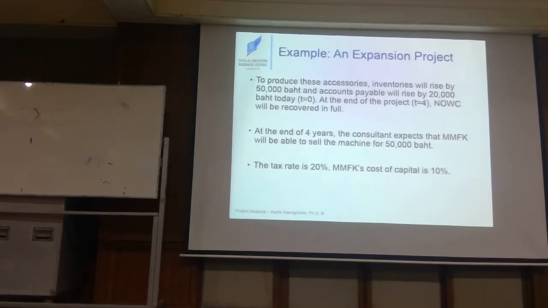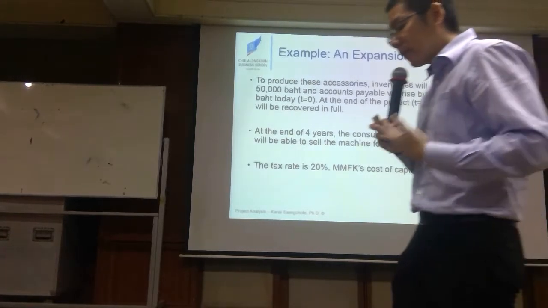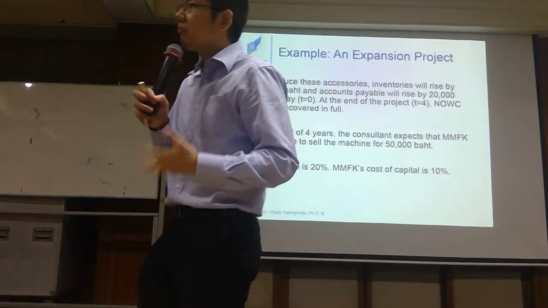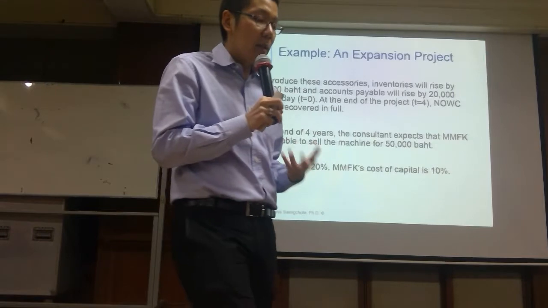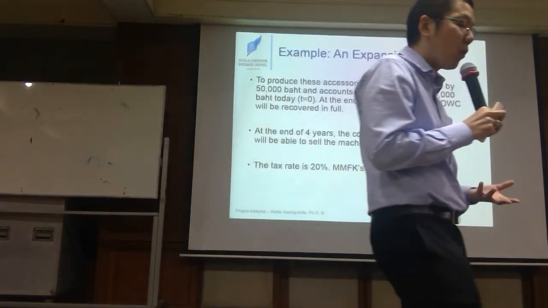We need to have inventories of 50,000 to produce this, but fortunately you have payables of 20,000 as an offset. You need this inventory to keep the raw materials and so on, in order to keep the sales and production going.